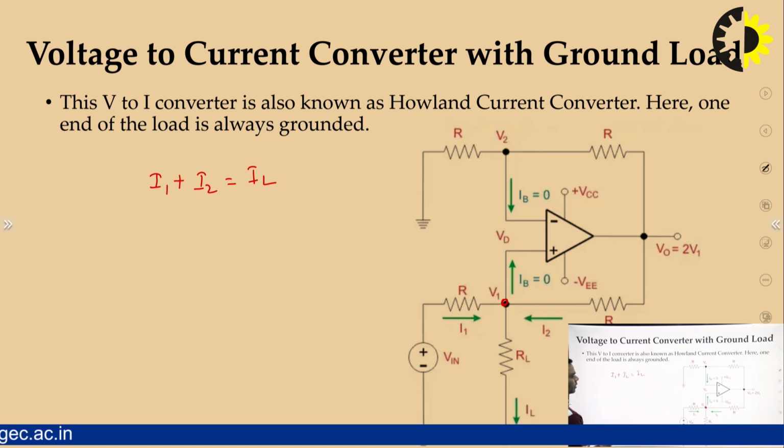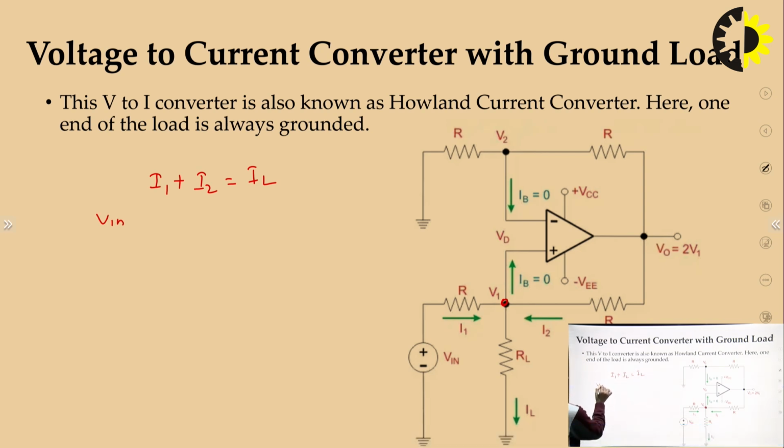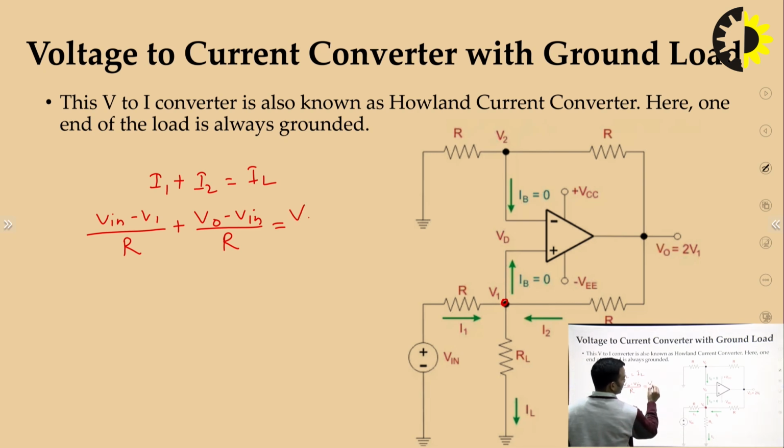So, I1 will be equal to (V in minus V1) upon R, plus I2, which is (V naught minus V in) upon R, is equal to IL, and IL is equal to (V1 minus 0) upon RL.